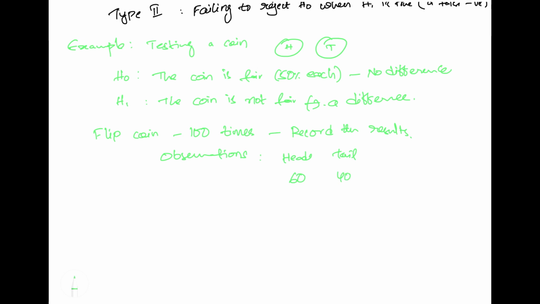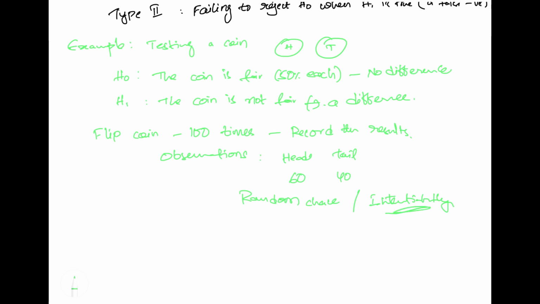Now you can calculate a test statistic. I will make another video on the statistics, to determine whether this deviation from 50 heads happened due to random chance, or whether there is inherently a bias, so that it is happening intentionally.